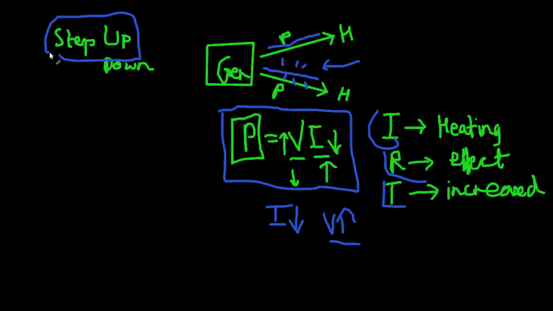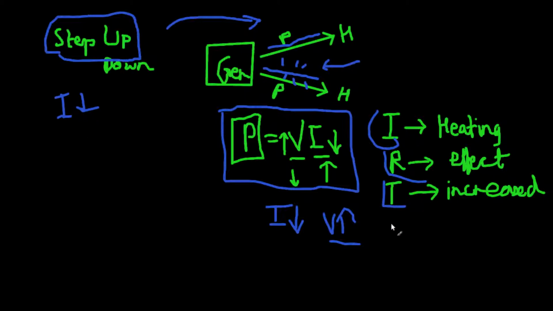So as a result, I decreases, and so the heat that is given out in the process is decreased. So less heat, less energy is lost when you do this. So this is definitely more efficient, and to do that we need to increase V.